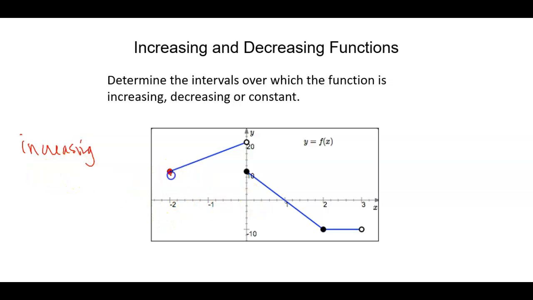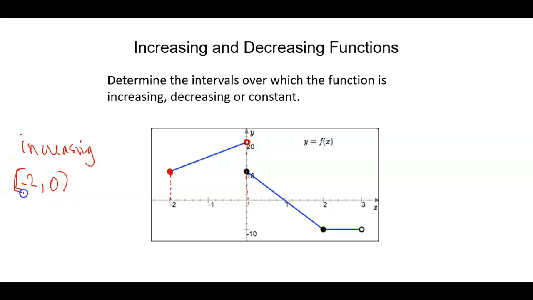I want to see where it starts increasing, and that's the x value where it starts, so that would be -2. And then I want to look at the place where it stops increasing, and that would be at x equals 0. So this function increases from -2 to 0.